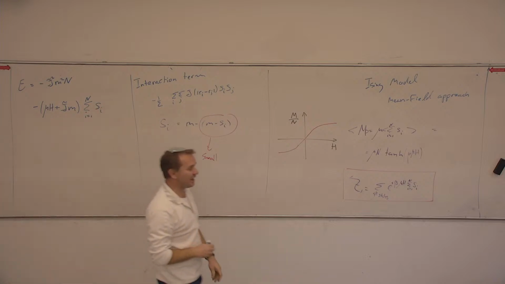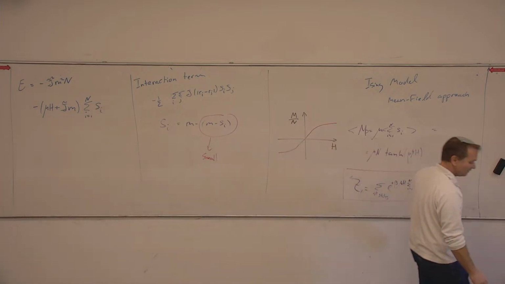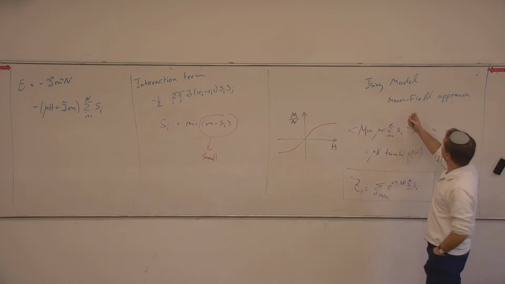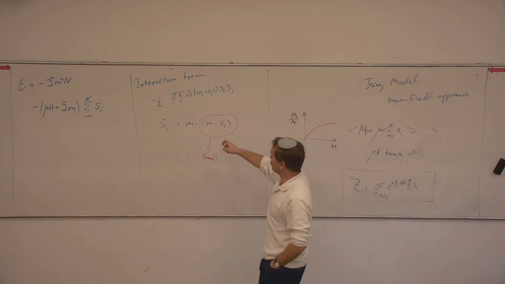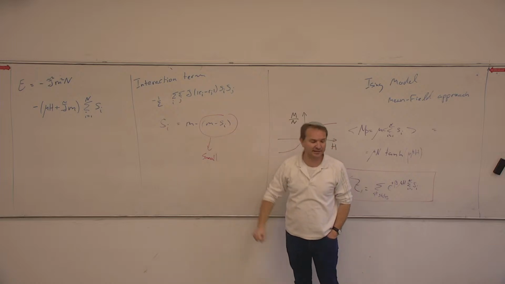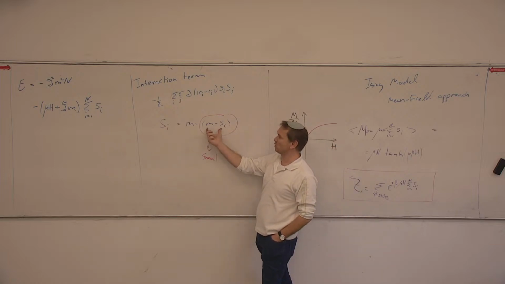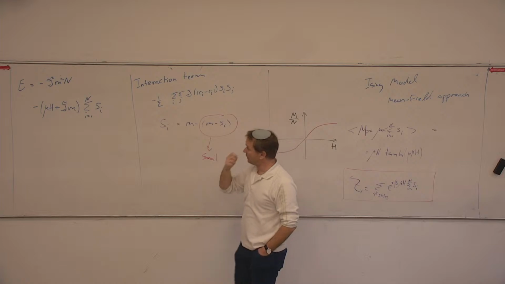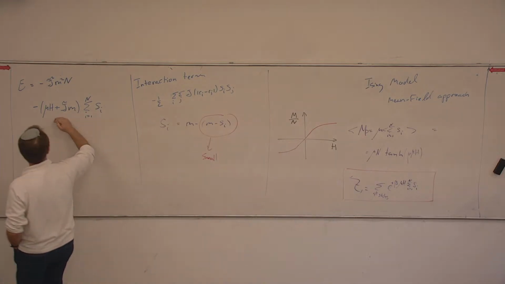So this is the energy that we developed using the mean field approach, where we assumed small fluctuations, neglected multiplications or squares of those, and eventually we reached this point.